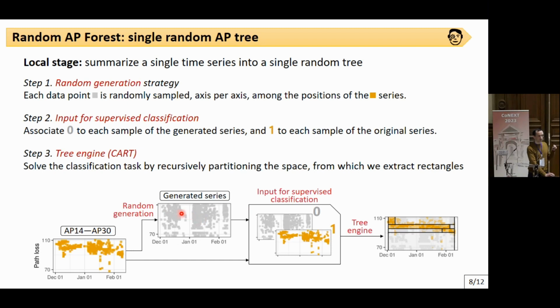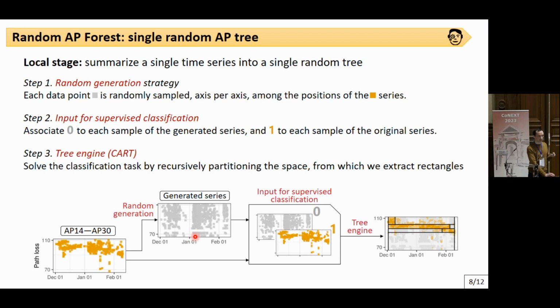We produce each data point in gray by randomly sampling the original series axis per axis among the positions of the orange series here. We do this for each data point to have at the end a sample size which is the same as the original series, and we consider this as a proxy series.